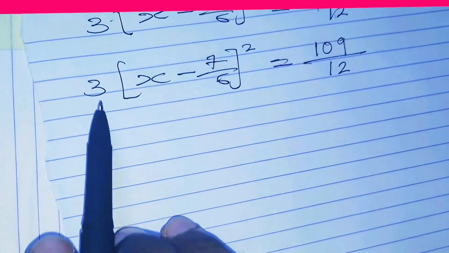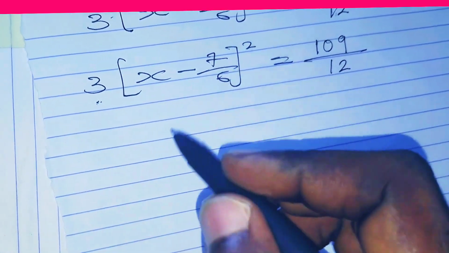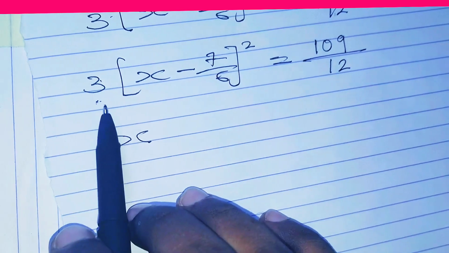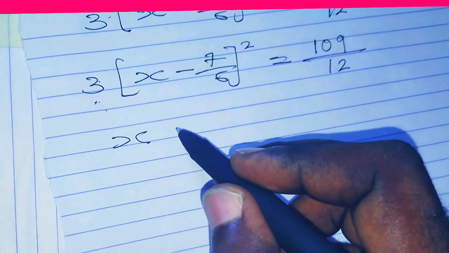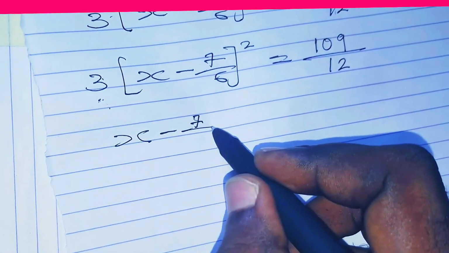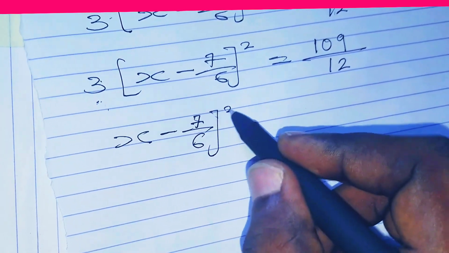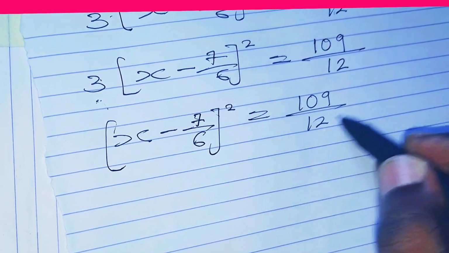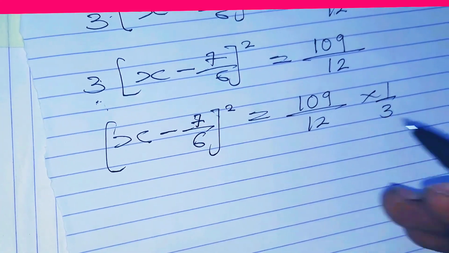And therefore, this 3 here, we have to get rid of it. And then what we do is to multiply both sides by the reciprocal of 3 over 1, which is 1 over 3. So we're left with x minus 7 over 6 here, equal to 109 over 12, and of course times 1 over 3.